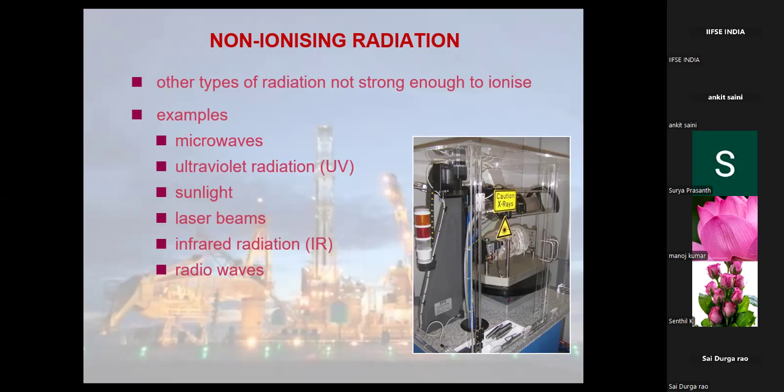See, you have two types: ionizing radiation and non-ionizing radiation. Non-ionizing radiation is your UV light, microwaves, electromagnetic radiation, laser beam, sunlight, and other things. Whereas ionizing radiation is generally developed from nuclear material, such as uranium, plutonium, and other things.